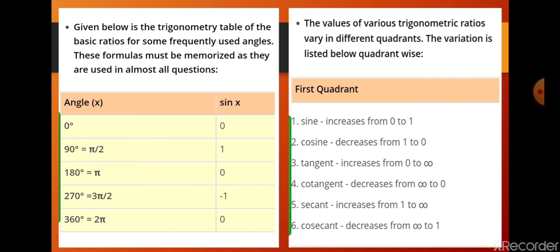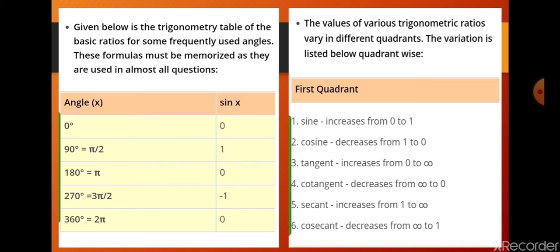The below table gives the basic ratios for some frequently used angles. These values must be memorized as they are used in almost all the questions. The angle is 0 degree, the sin x will be 0.